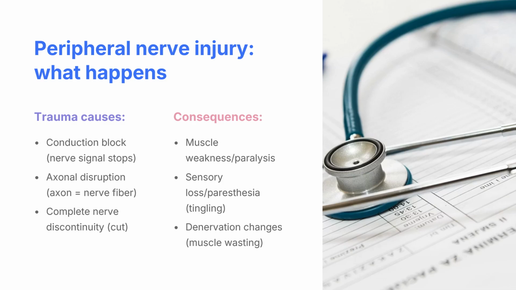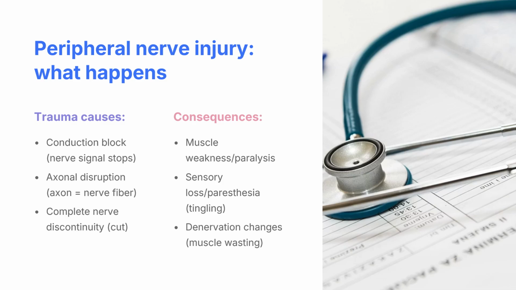Now let's see what happens when a peripheral nerve is injured. Any trauma to a peripheral nerve can cause a conduction block. Axonal disruption will happen. As a result, a patient develops muscle weakness or paralysis, sensory loss like tingling or complete absence of sensation, and denervation changes like muscle wasting.